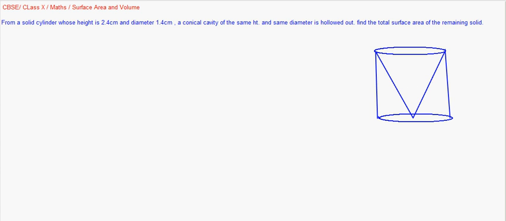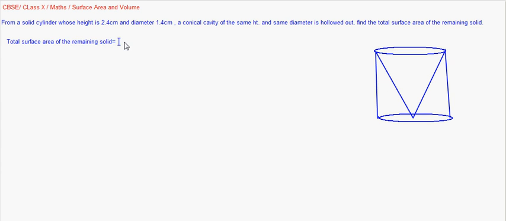So we write the total surface area of the remaining solid. How will that be calculated? It is this part of the cylinder.